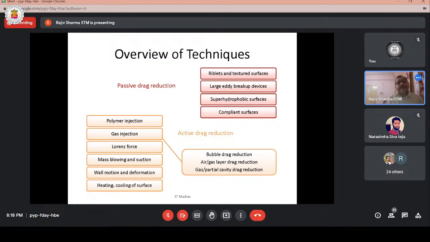Active drag reduction techniques: polymer injection, gas injection, Lorentz force, mass blowing and suction, wall motion and deformation, heating and cooling of surfaces, bubble drag reduction, gas and air layer drag reduction, gas and partial cavity drag reduction. Out of this, only the bubble drag reduction has been proven quite extensively, even at the full scale model.